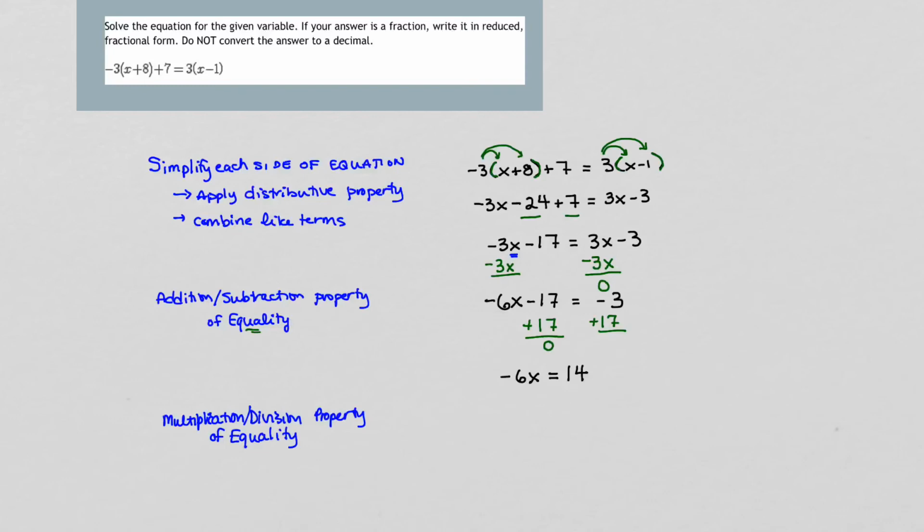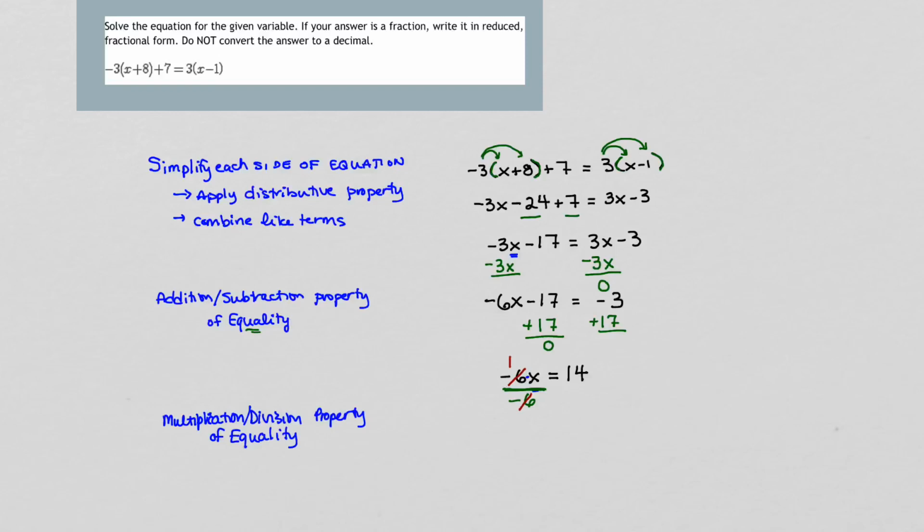So let's take a look at our equation. Remember, we're trying to isolate for x. And so to get x by itself, I notice x is being multiplied by negative 6. So the way to get rid of that negative 6 that's being multiplied is actually divide. If I divide the left side by negative 6, when I take negative 6 divided by negative 6, I get the number 1.